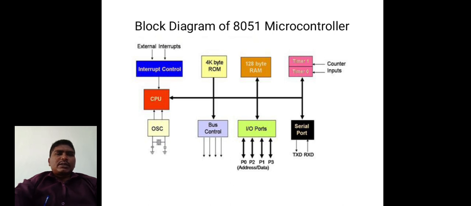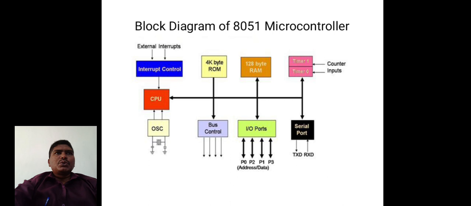Normally the frequency is 12 megahertz, and with respect to this frequency the entire circuit will function. For any microcontroller or processor, the first thing we need to provide is the clock frequency. Once you provide the clock, the CPU will function with respect to it.